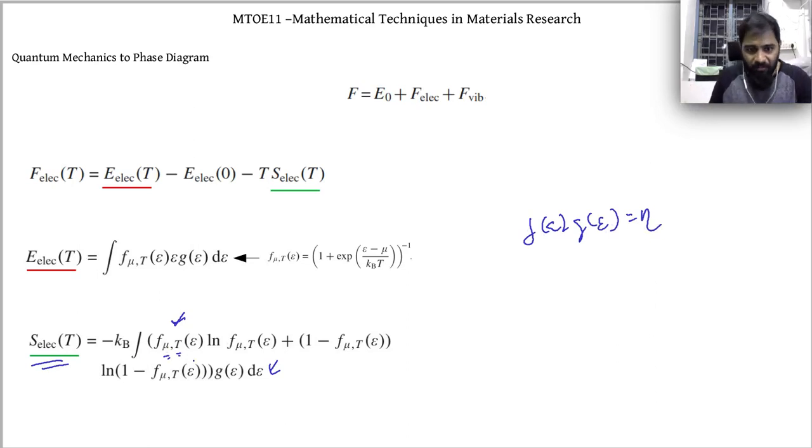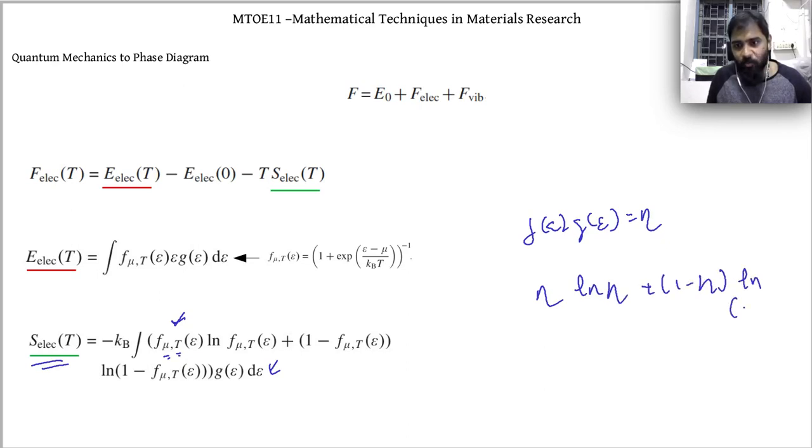I can, of course, rewrite it as something like this: n ln of n plus 1 minus n ln of 1 minus n. Now, if you have looked into any textbooks on thermodynamics, this is how you essentially describe your configurational entropy in a system.